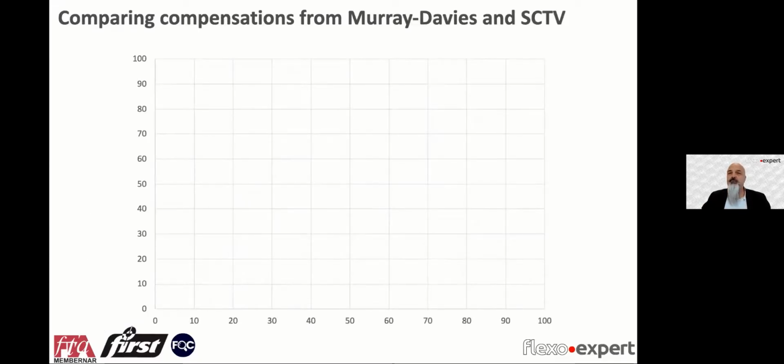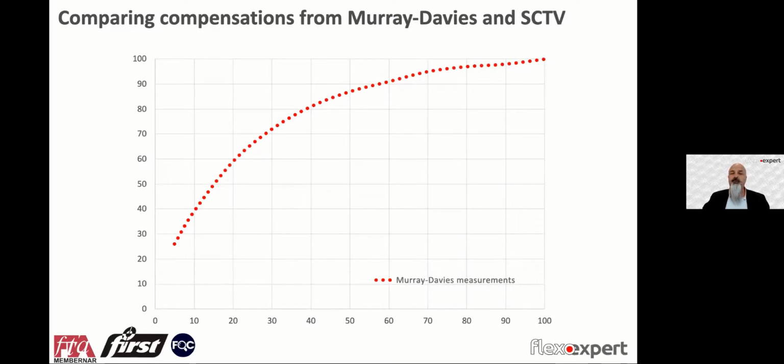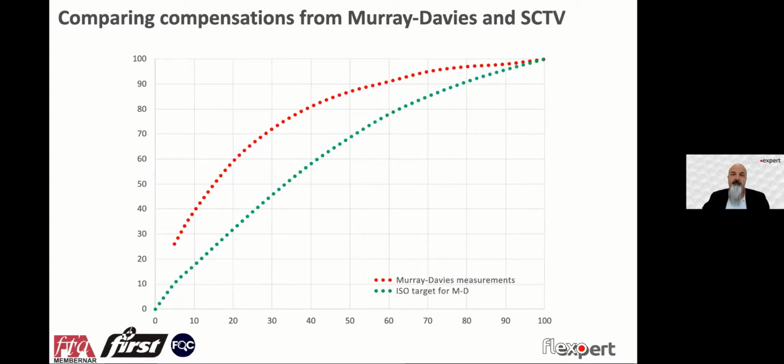What happens when we compare compensations from Murray-Davis and SCTV? Well, when we measure in Murray-Davis, we target a reference curve that was derived from Murray-Davis measurement, and we calculate compensation values.